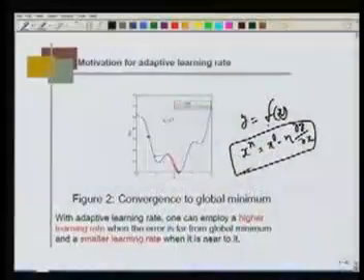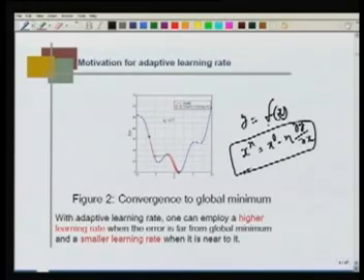Of course, in this case you can easily see that if I am starting from here, if I increase my learning rate step, that eta, then this initial position may go to this position by simply changing this eta to a bigger value, and then by lowering eta I can easily reach this. We have discussed these things in previous classes. So, with adaptive learning rate one can employ a higher learning rate when the error is far from the global minimum and a smaller learning rate when it is near to it. But how do you know it?